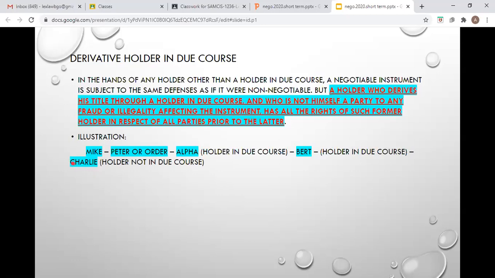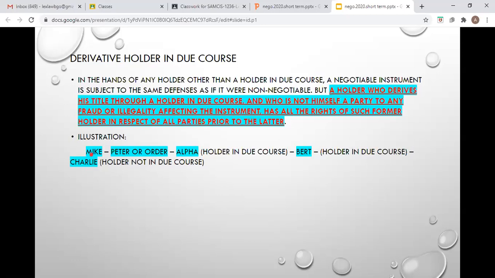So if ever Charlie will go to Mike, pwede ba niyang sabihin na, I refuse to pay because there is a defect in the title. There is a personal defense valid against you. No, that cannot be raised against Charlie because Charlie here is as if a holder in due course. The right of Charlie is similar to the right of Bert.